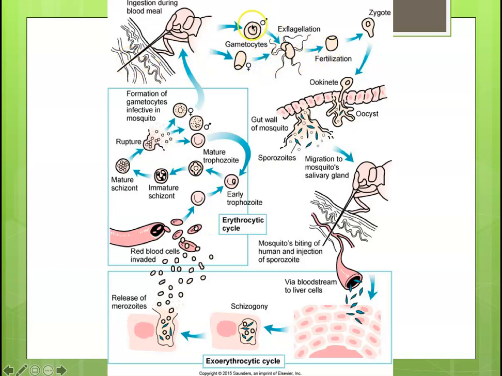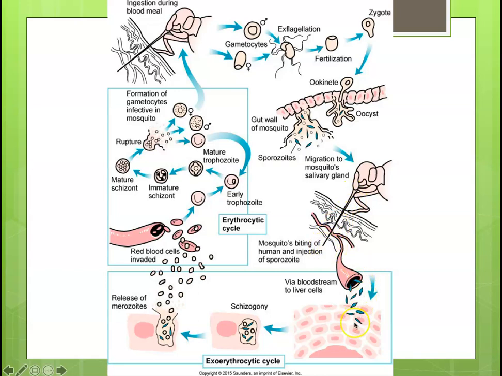Those will undergo sporogony and form a zygote. The zygote matures into an ookinete, which matures into an oocyst, which releases sporozoites, which migrate to the mosquito's salivary glands. She injects the sporozoites into the next human.